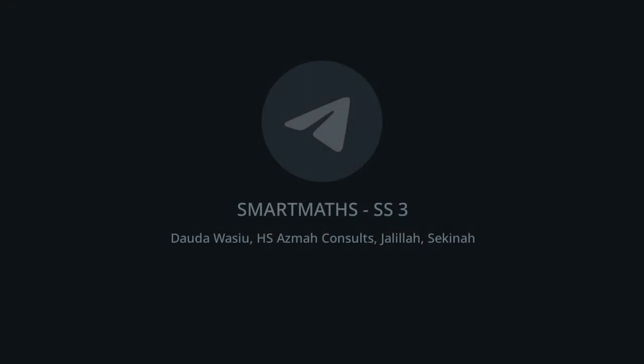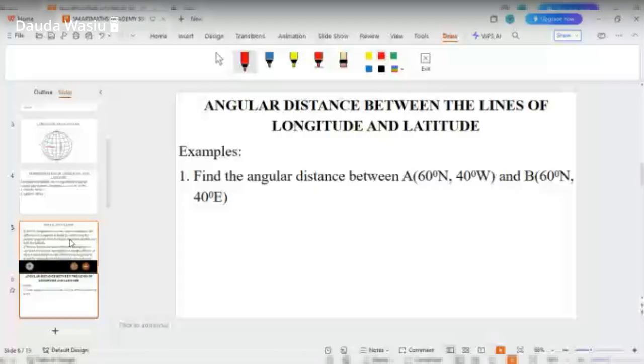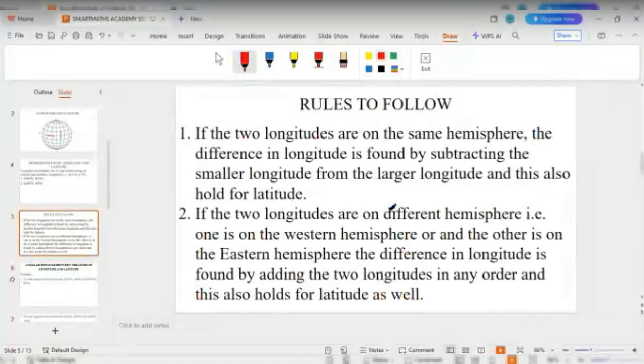The next slide is rules to follow. When you want to get the angular difference, at times they call it angular distance or angular difference.